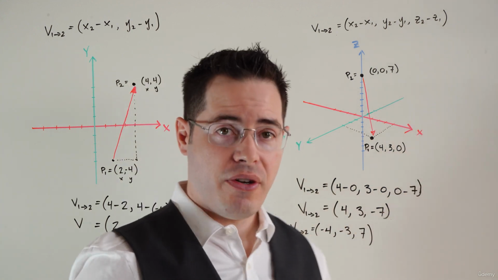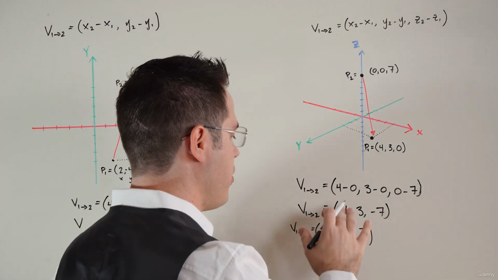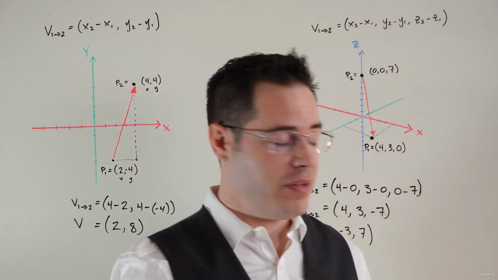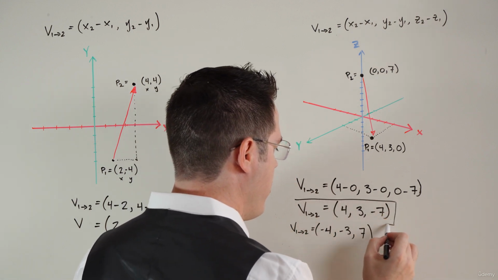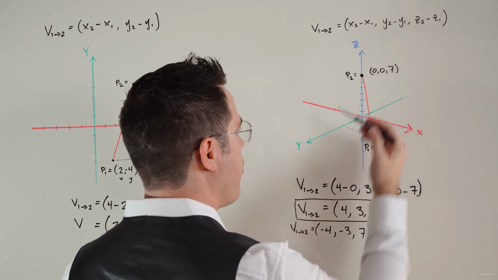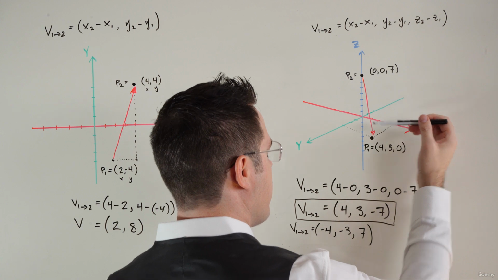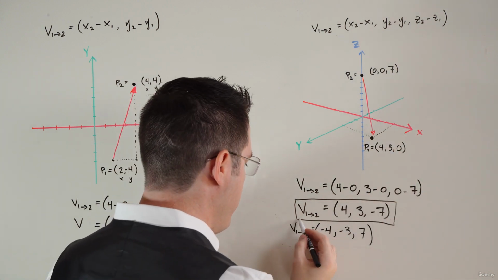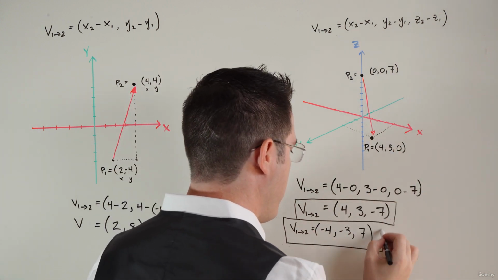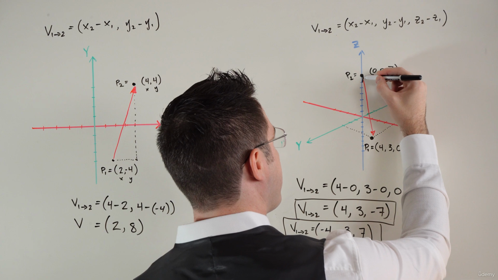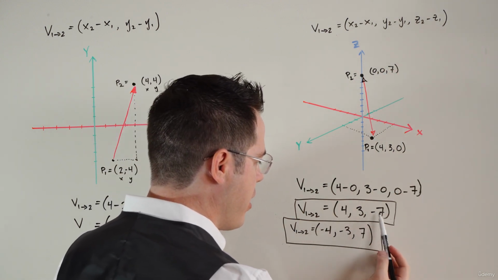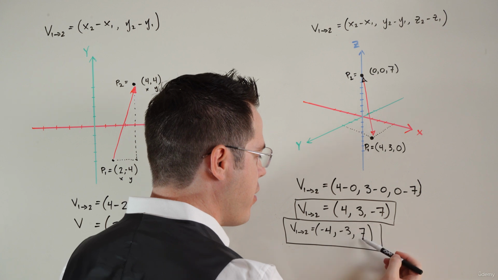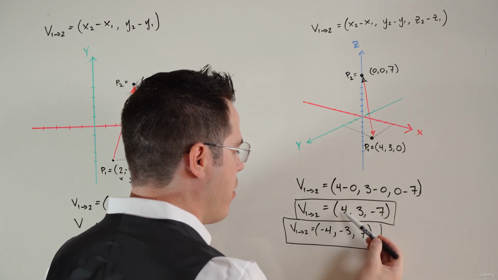Now, I want you to notice the difference between the two solutions to these two problems. Remember, this was the vector we calculated when we wanted to know the direction from the sniper down to the victim. And this new vector is from the victim up to the sniper. Now notice that the x, y, z components numerically are the same, but the signs are opposite.